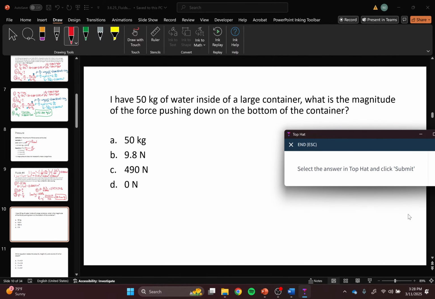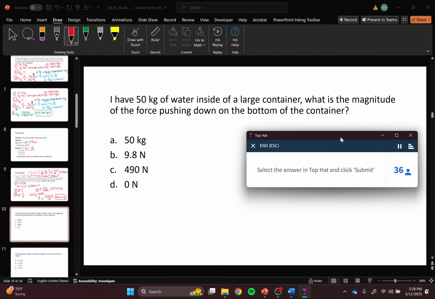If I say what's the force pushing down, the next question is, is it pushing down? If so, why? And then you go from there. This question and the one following it are to help us learn something new. It's putting stuff together.